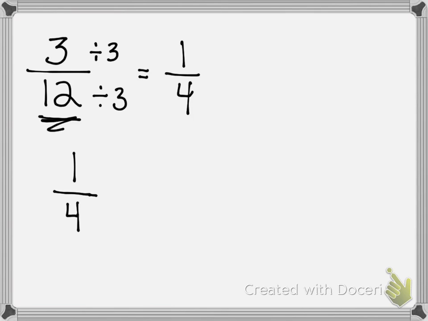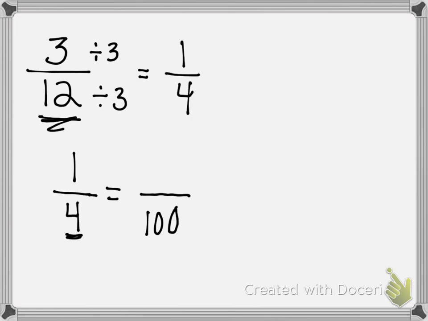For 1/4, we need to change this into an equivalent fraction where the denominator can be either 10, 100, or 1,000. If I start with 10, there is nothing that I can multiply 4 with that gives me 10. 4 times 2 is 8, 4 times 3 is 12, so 10 does not work. So we need to get rid of 10. The next one that we can try after 10 would be 100.